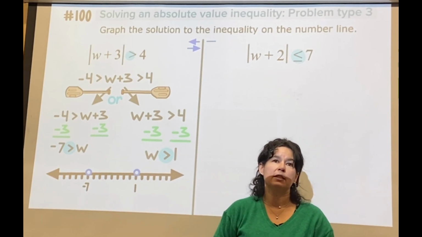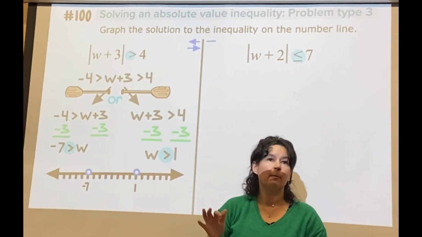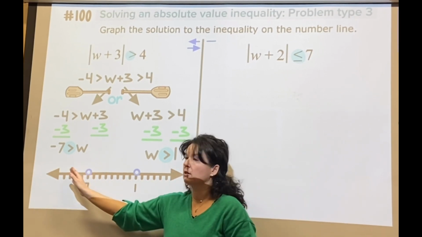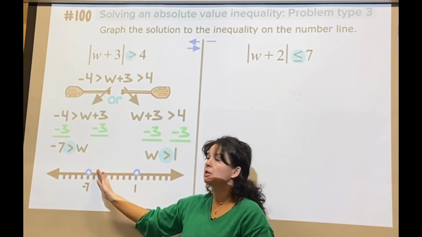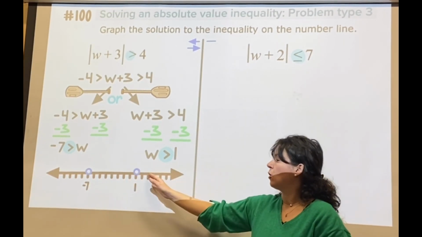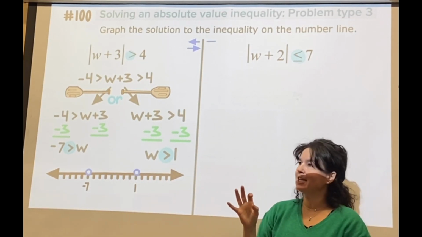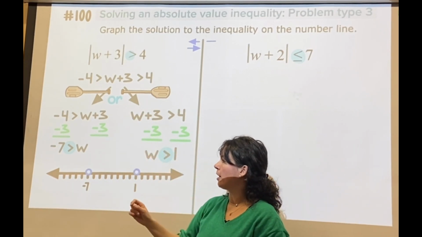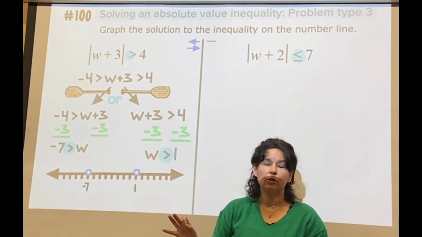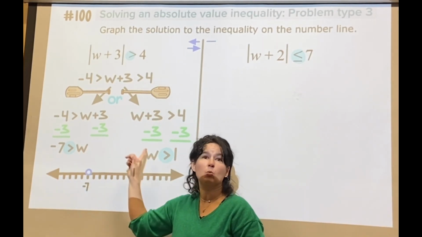And next I want to decide, are the numbers in my solution to the left of negative 7, in between negative 7 and 1, or bigger than 1? The true understanding of it is when you have an or, the number is a solution if it makes at least one of those true.